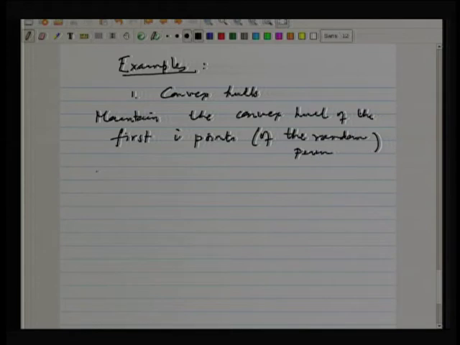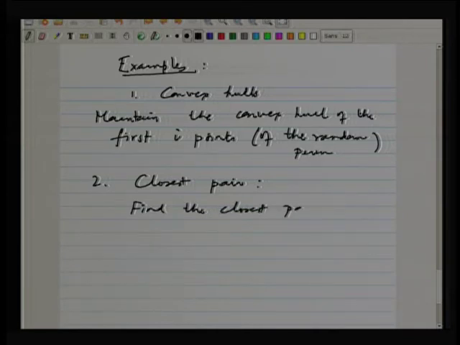Then another classical example which has been used very successfully is computing the closest pair of points: find the closest pair from among the first i points.